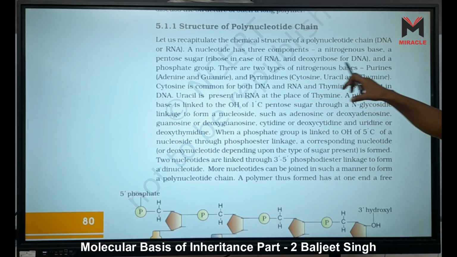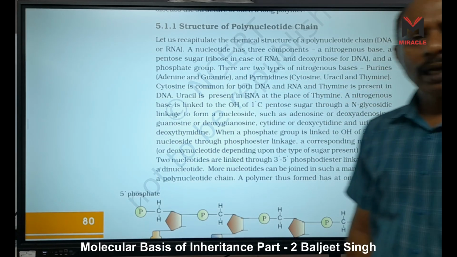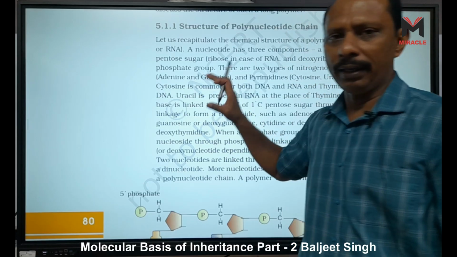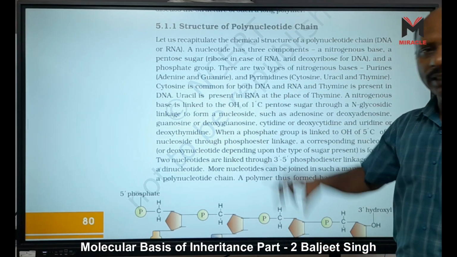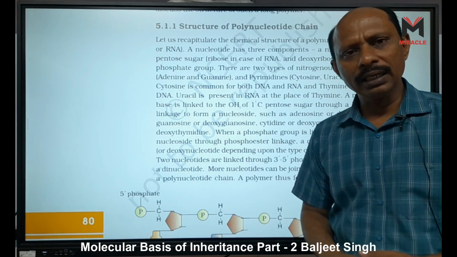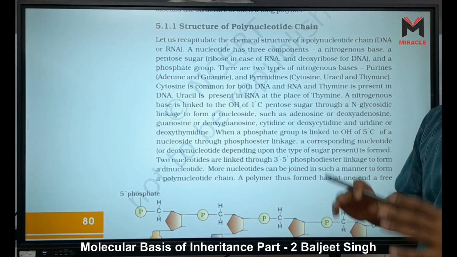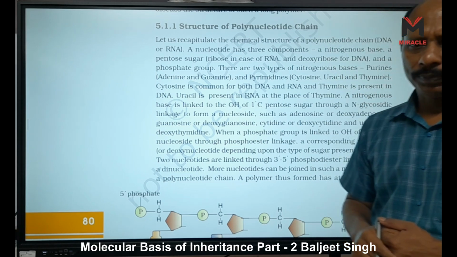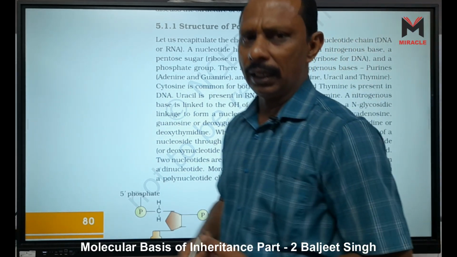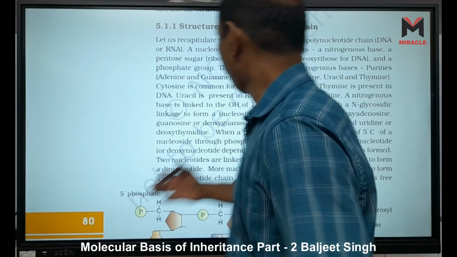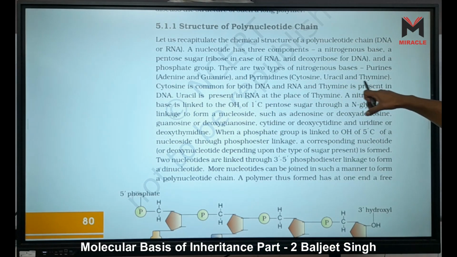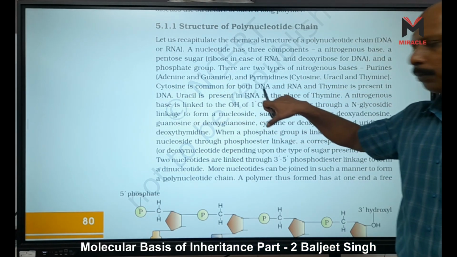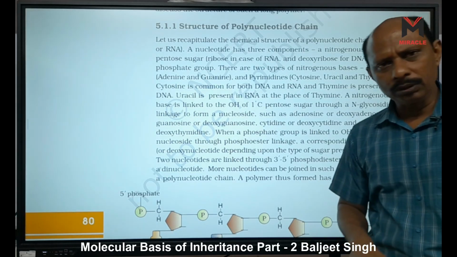There are two types of nitrogen base. One is called purine, and purines contain adenine and guanine. And pyrimidines. Pyrimidine is a single cyclic structure. They contain three types of nitrogen base, that is cytosine, uracil, and thymine. In case of RNA, uracil is there. In case of DNA, thymine. Cytosine is common for both DNA and RNA, present in both, right?